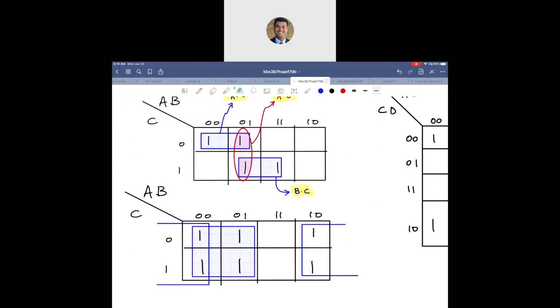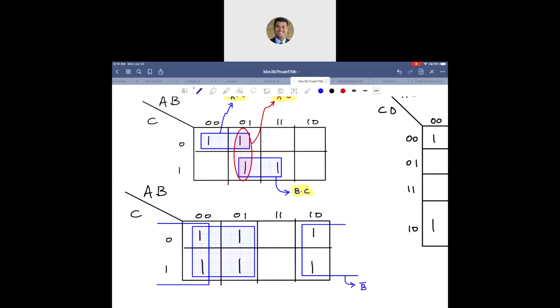So if I name them, what do I have? Let's see. This guy is going to be B is 0, and C changes, A changes. That's B complement.